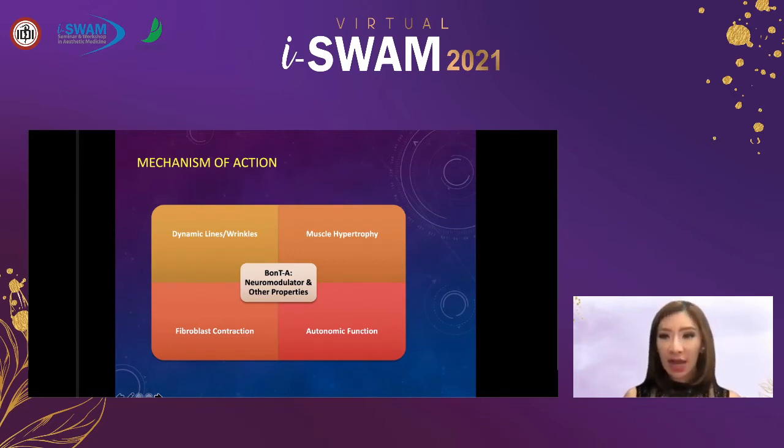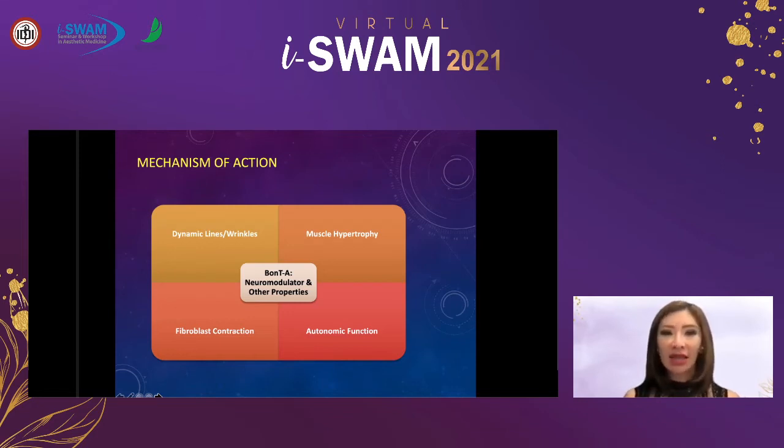So it can reduce dynamic lines such as wrinkles, which is already widely used. And for your information, according to the global survey and also the United States survey, botulinum toxin injection placed first in non-invasive aesthetic medicine usage.